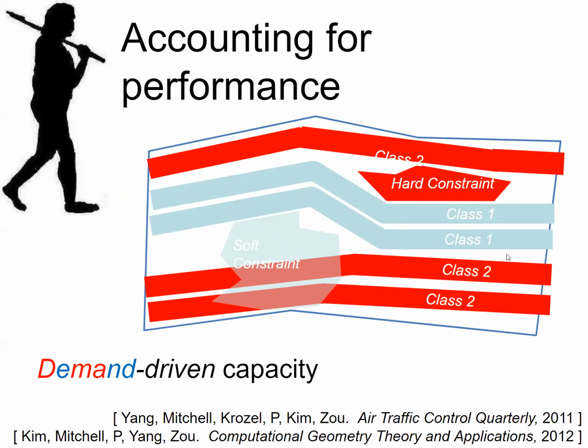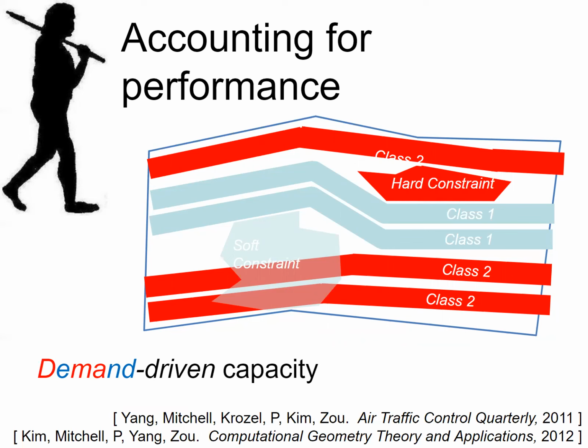And all in all, what it teaches us is that you can have different classes of traffic which have demand for your airspace. And in this case, the capacity of the airspace is not just a function of the airspace itself, and not even a function of the hazards or the obstacles that you have inside the airspace, but is also a function of demand.